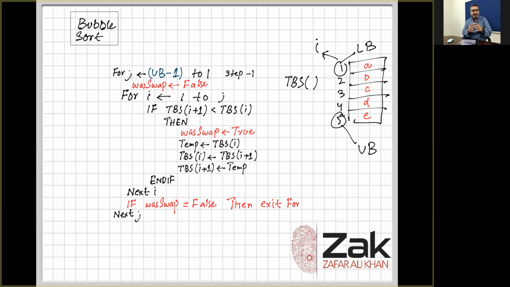It is the most jumbled array. So if the array is already sorted, the outer loop will work once and the inner loop will work once, and because of this flag idea, nothing has been swapped, so we will get out.